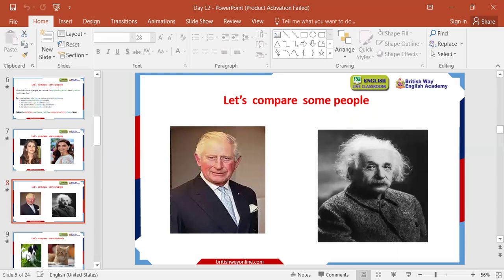Albert Einstein and Prince Charles. Albert Einstein is more intelligent than Prince Charles.